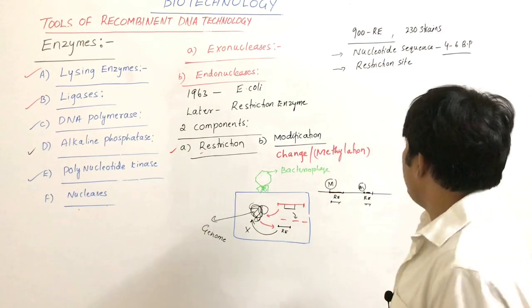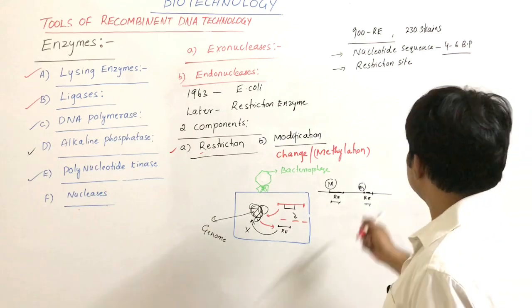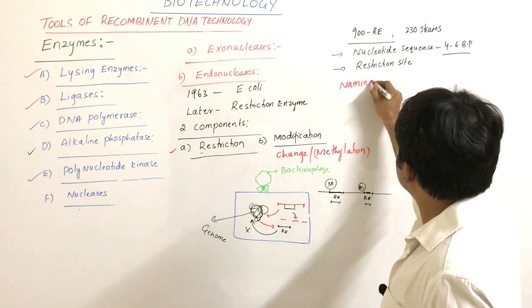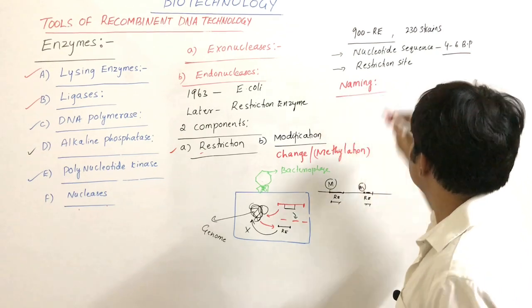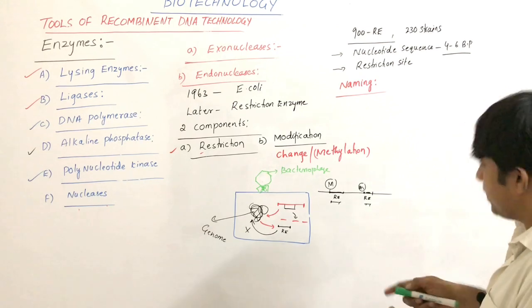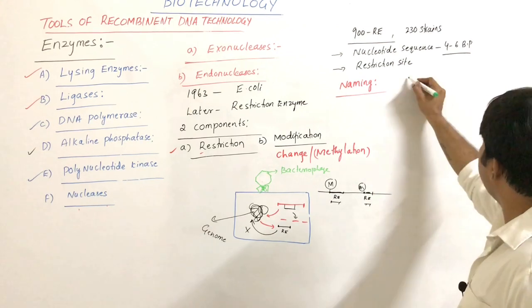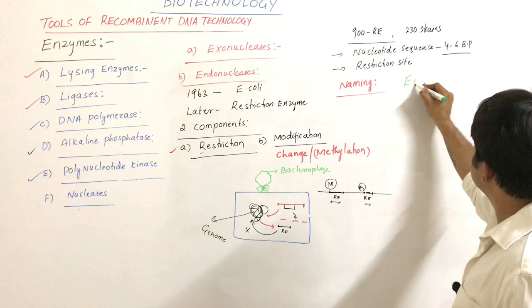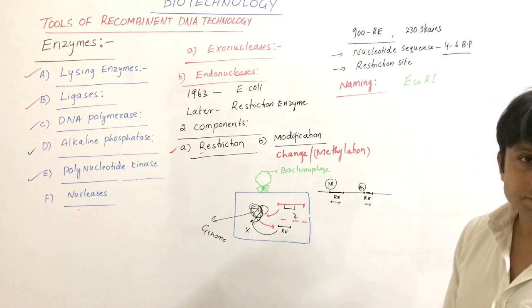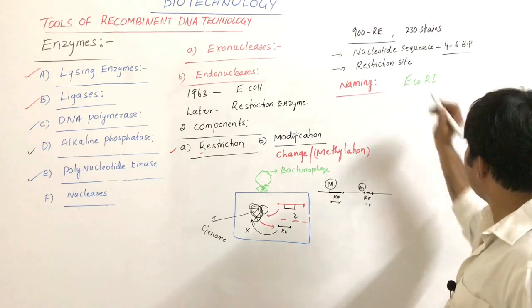Now, naming of restriction enzymes. I will give you one name of an enzyme. We are calling it EcoR1. Actually, this is an enzyme.